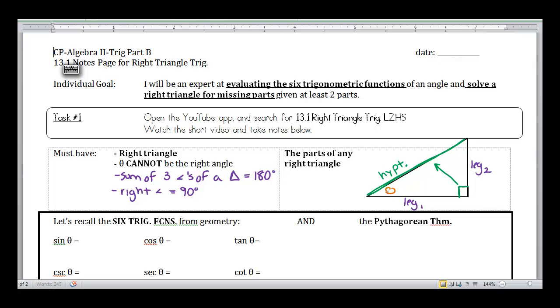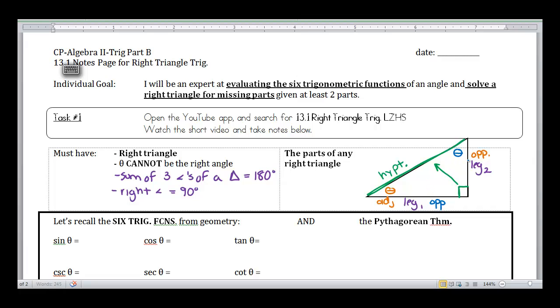If we made theta the angle in the bottom left corner, the side opposite it would be this leg 2. The side adjacent to theta, so next to, would be leg 1. But notice, if I make theta this angle in the upper right corner, the side opposite it is leg 1.